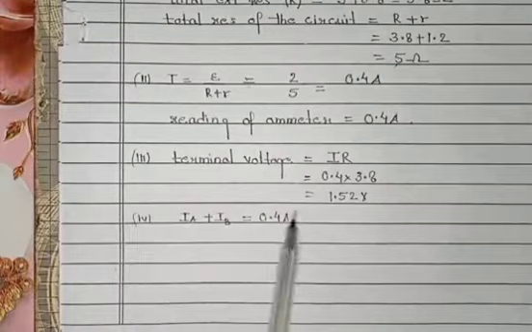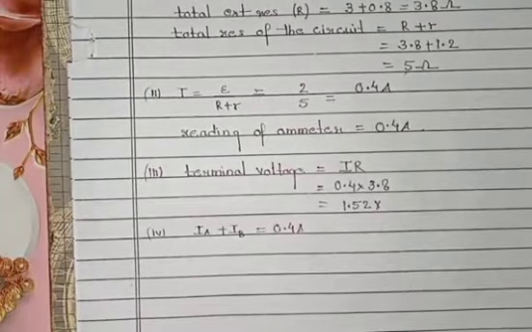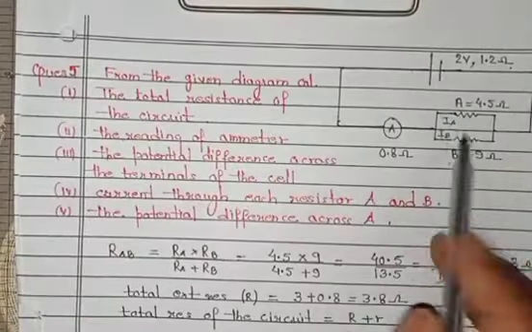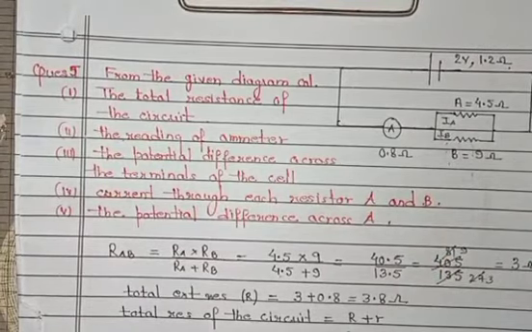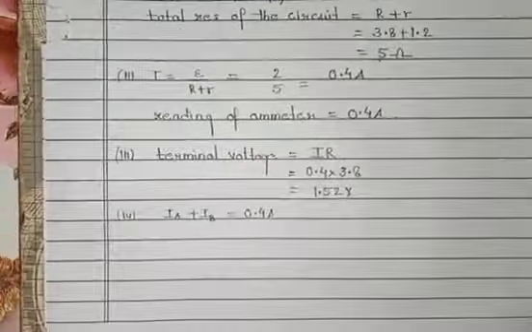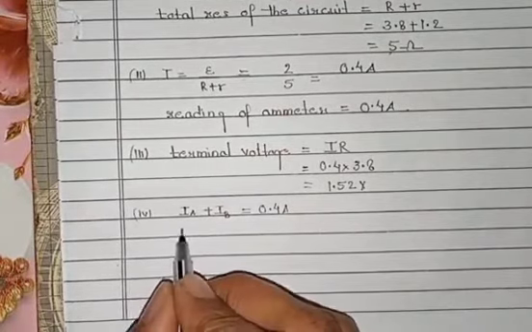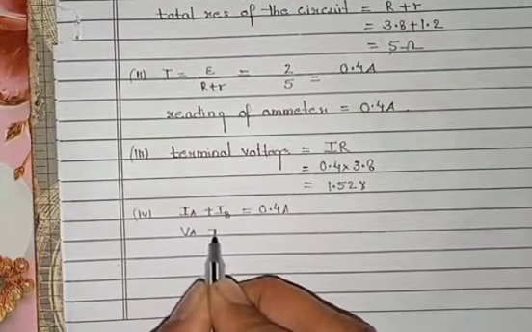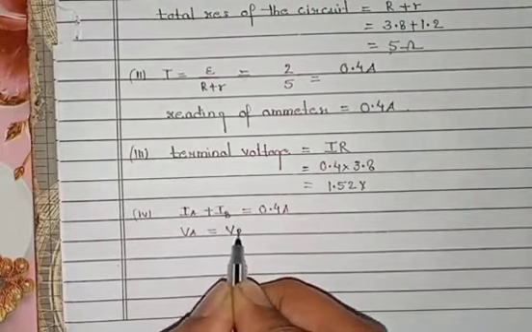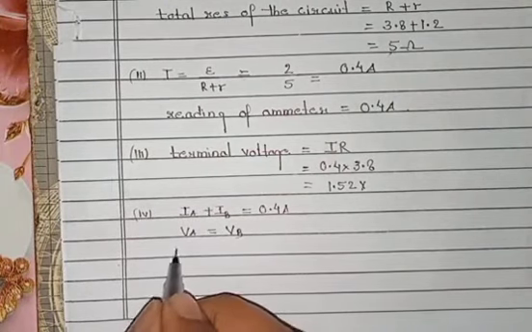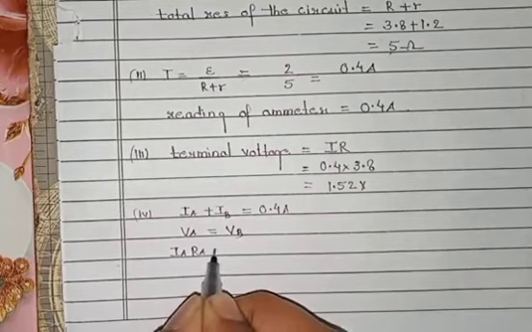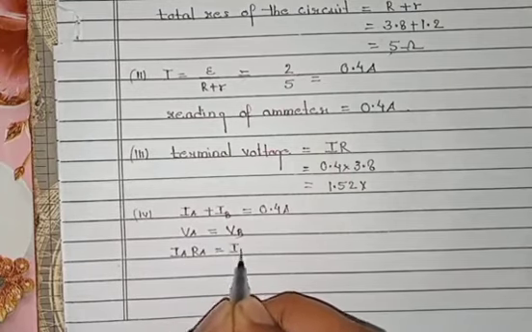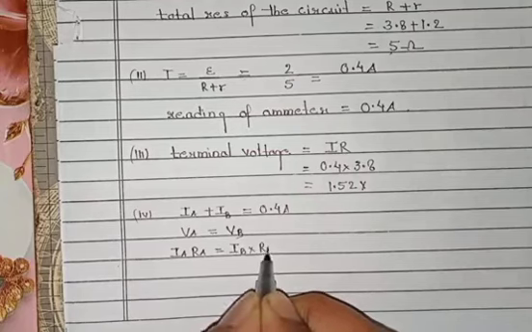So we have got the first equation. Now as A and B are in parallel, the potential difference across these two will be same. So we can say potential difference across A is equal to potential difference across B. So this will give you IA into RA equals IB into RB.